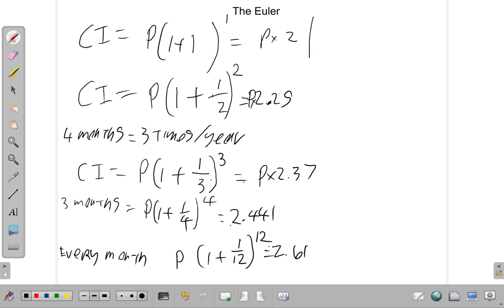Now, suppose you say, instead of every month, I want you to calculate how much you would get at the end of the year if this loan matures every day, and then that amount of money is reinvested every day.